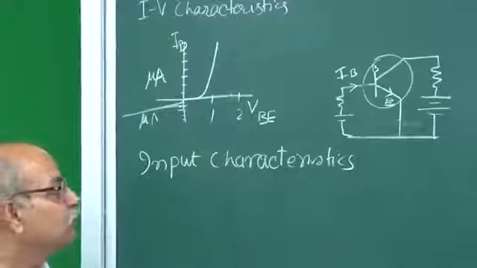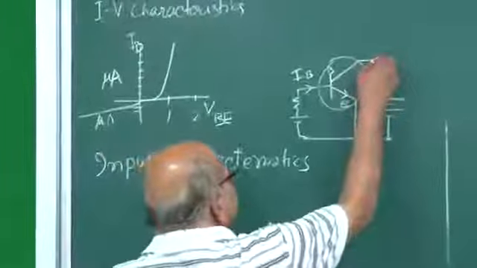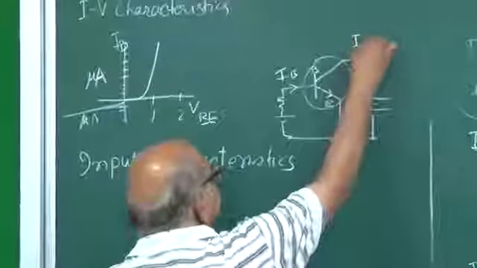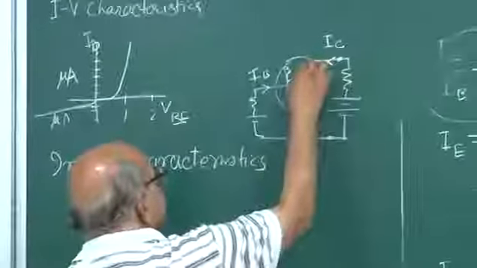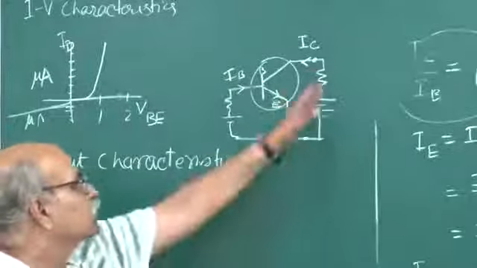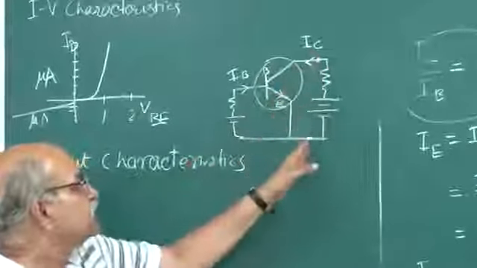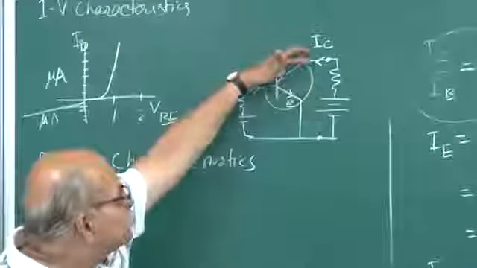You also have output characteristics, and what will that be? Current is IC, and then this VCE. Since we are controlling this potential difference, we are not writing VCB, we are writing VCE.